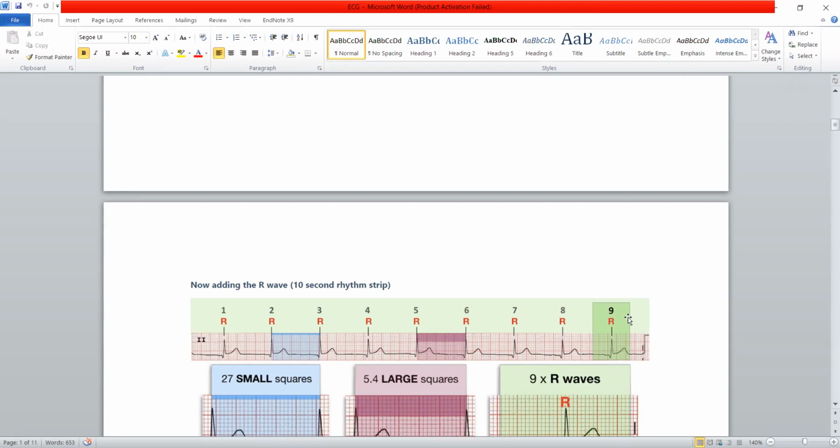So there are 3 methods to calculate the heart rate.